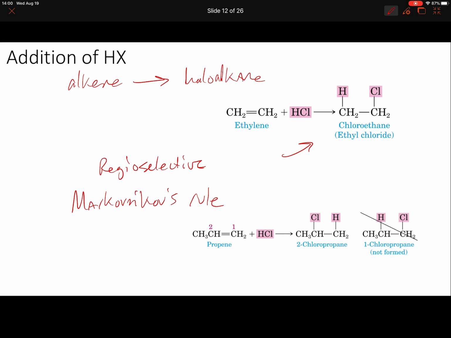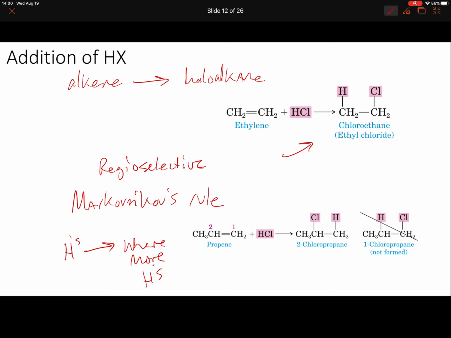Markovnikov's rule says that hydrogens are going to add to the less substituted carbon, and that X here, or our halogen, will add to the more substituted carbon. What does that mean? That means hydrogens are going to go wherever the hydrogens are. So hydrogens go to where there are more hydrogens.